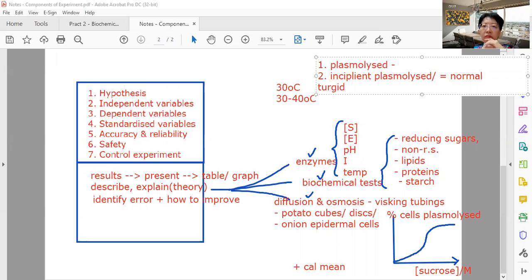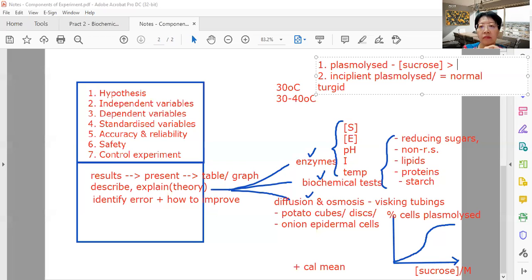What is the concentration of sucrose? When will the cell be plasmolysed when it's immersed in a sucrose solution?